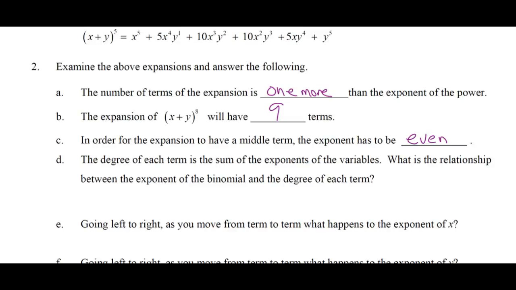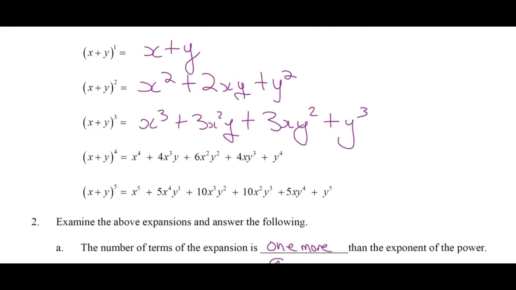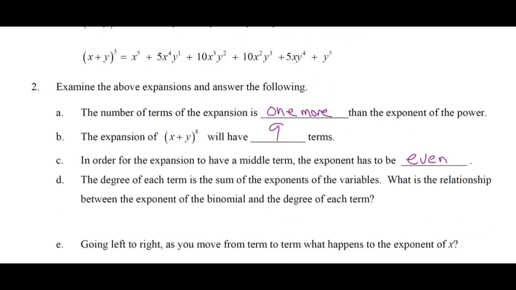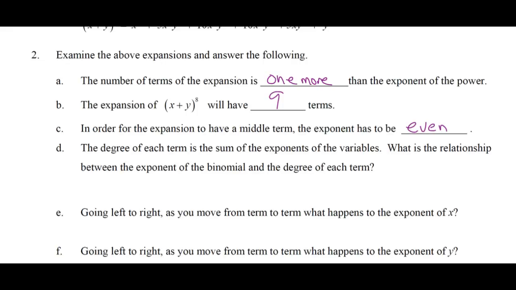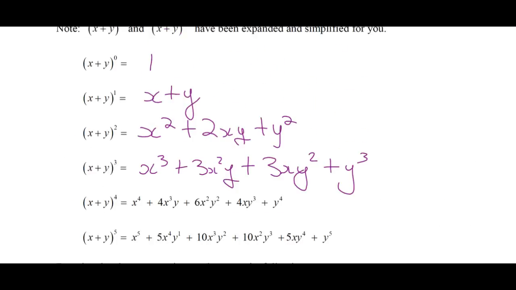The degree of each term is the sum of the exponents. What is the relationship between the exponent of the binomial and the degree of each term? Or between this and the degree of this term, or the degree of this term?